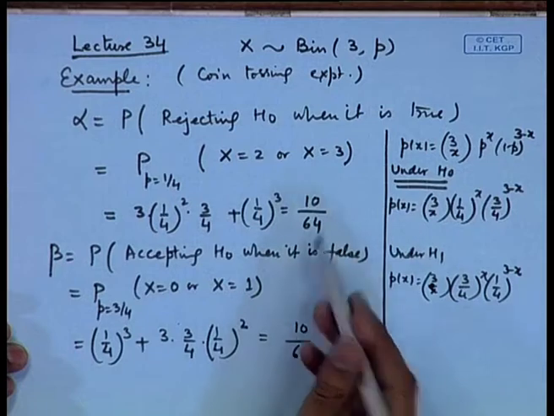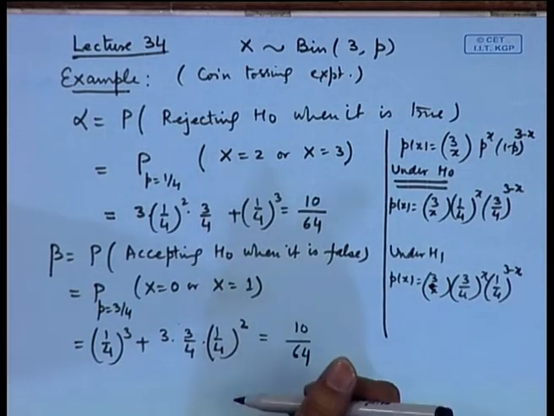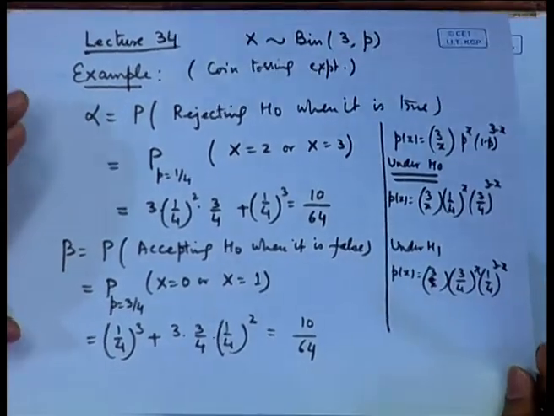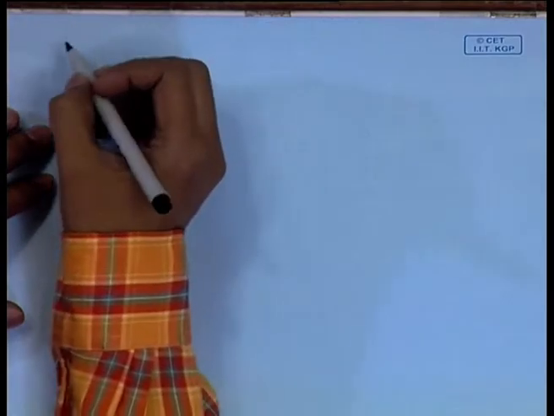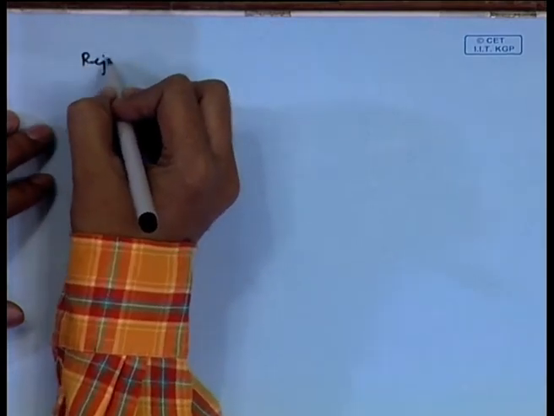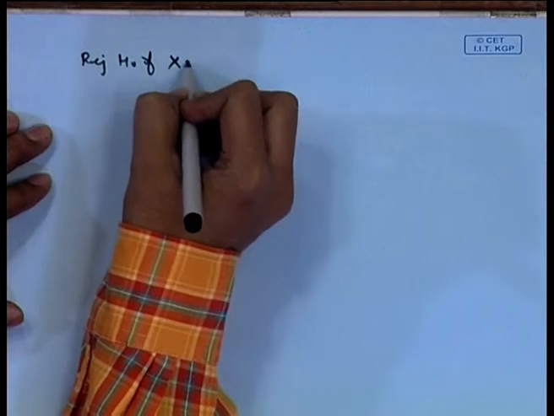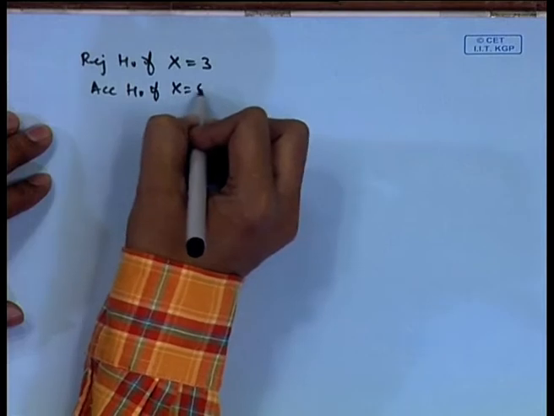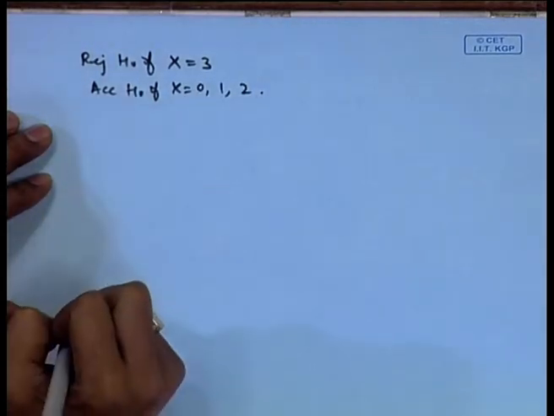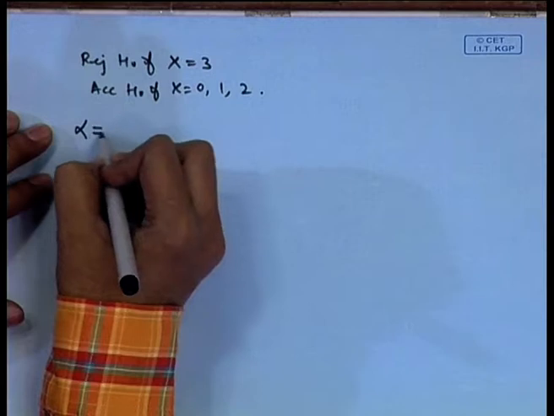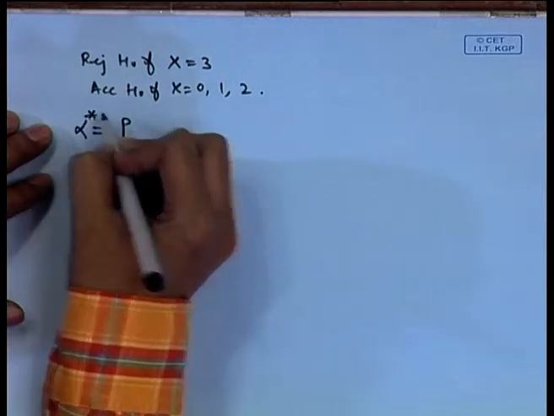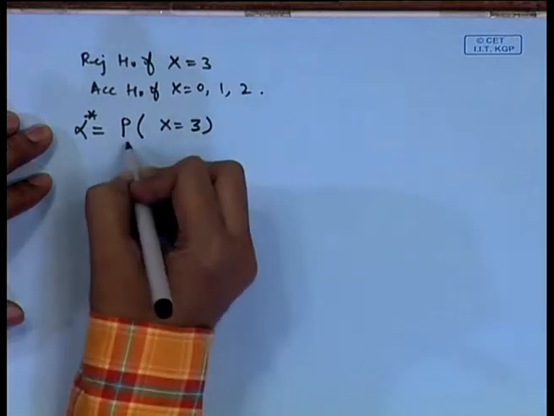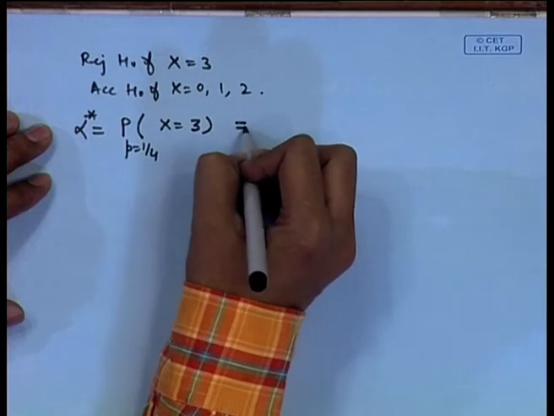So, in this particular situation you can see alpha is 10 by 64 and beta is equal to 10 by 64. Now, suppose we try to reduce alpha. We may try to reduce alpha by taking another test. So, suppose I say reject H naught if x is equal to 3, accept H naught if x equal to 0, 1 or 2. Now, let us see what is the value of alpha. Let me call it alpha star, that is the probability of x is equal to 3 when p is equal to 1 by 4.